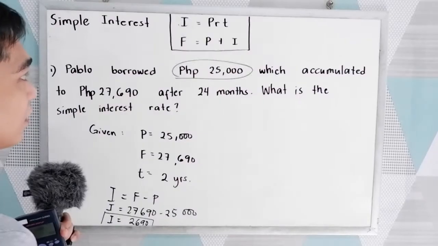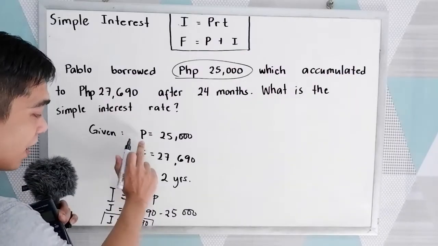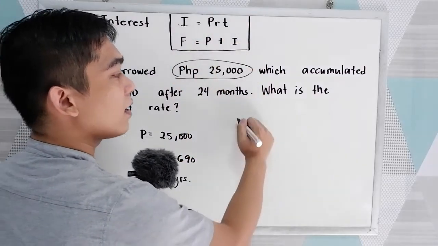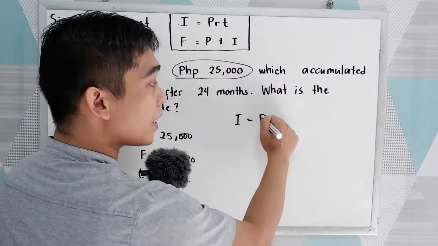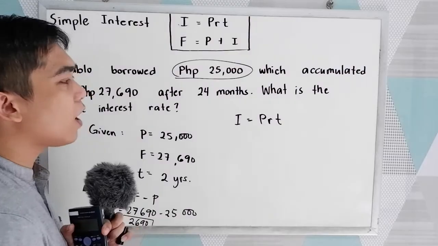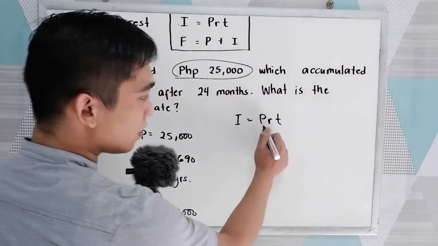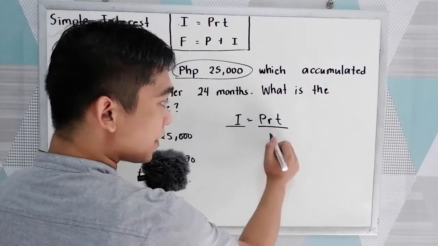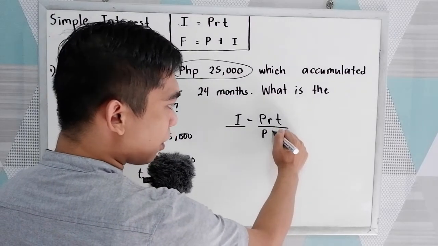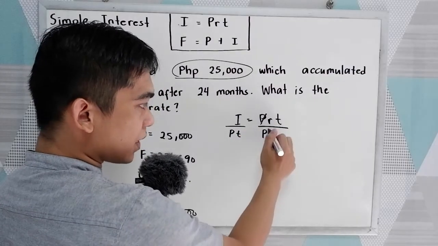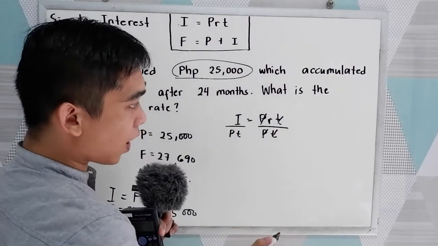Since we have the principal and the interest, we're going to use our first formula. I is equal to PRT. Now, let us derive our formula for R. So, to find R, we can divide both sides by P. So, P cancels. That will be equal to 1.